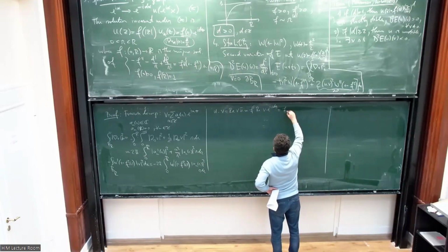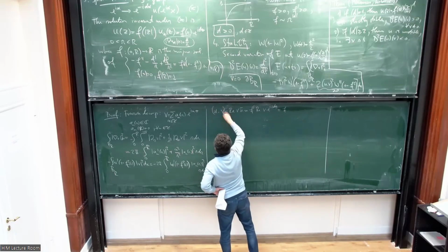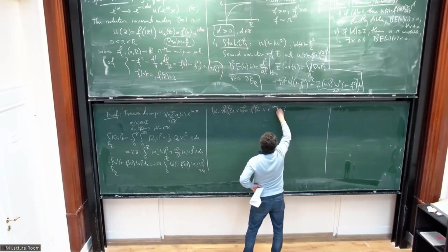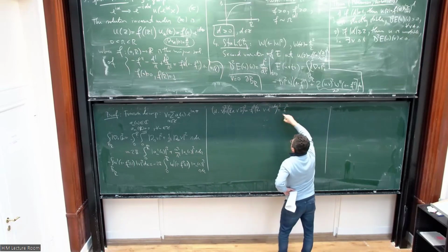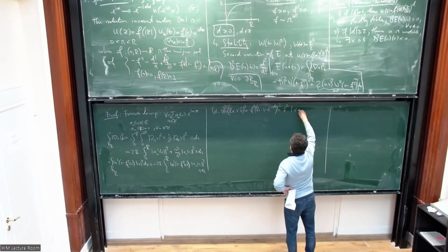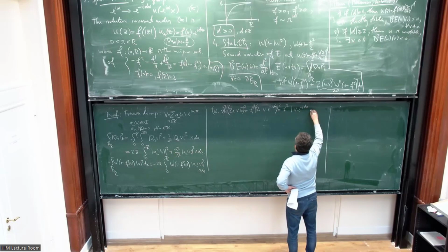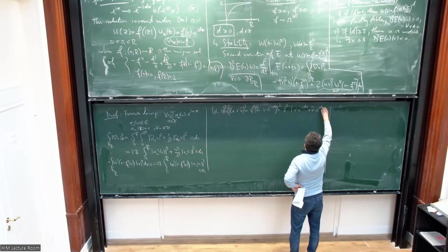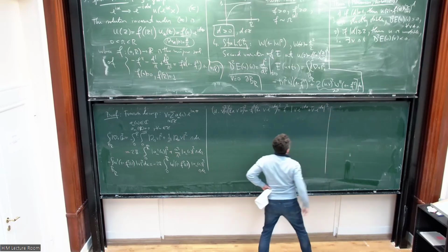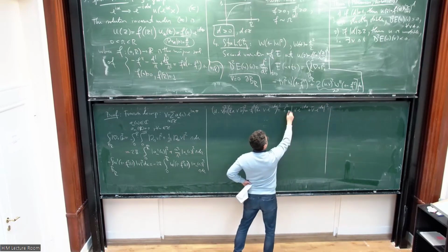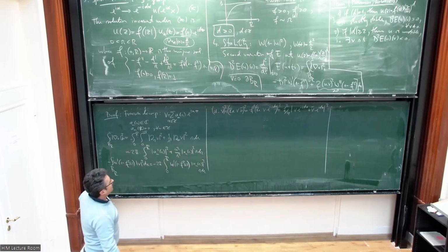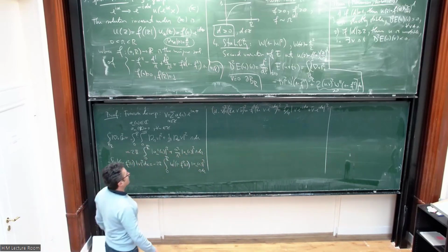So then let me take the square. And then I get that this is v e^{-i d theta} plus e^{i d theta} v bar, squared. And then, boom. Okay.